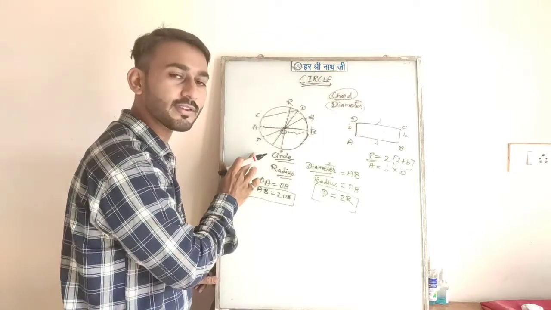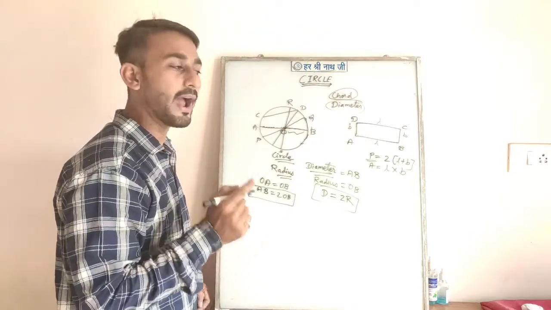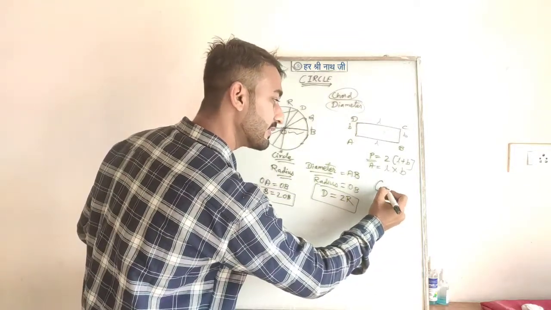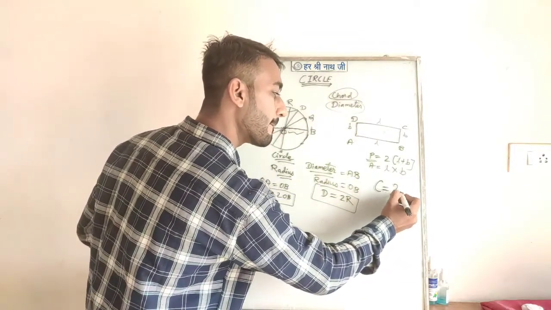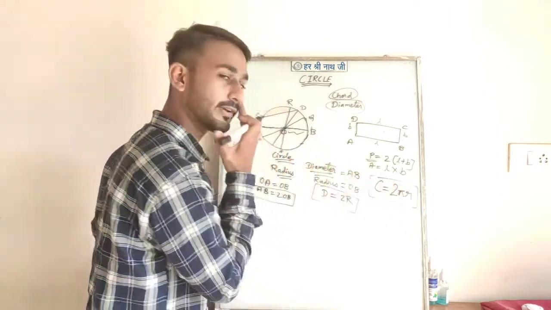But in case of a circle, we term it as circumference, and it is given by circumference C is equal to 2 pi r.